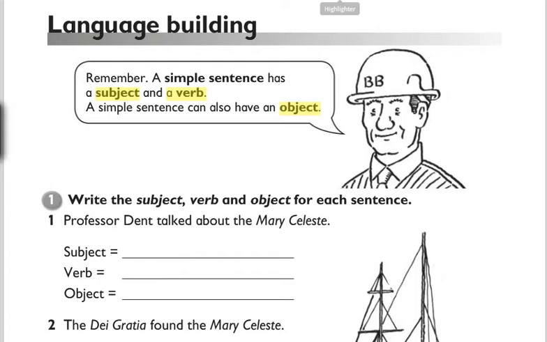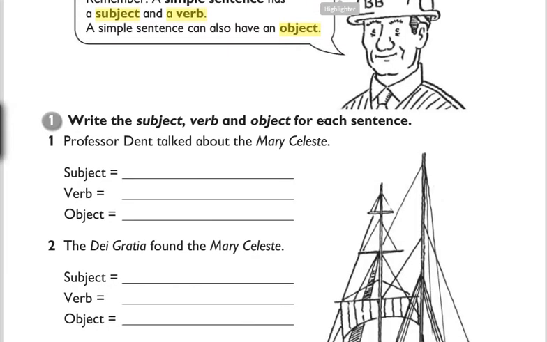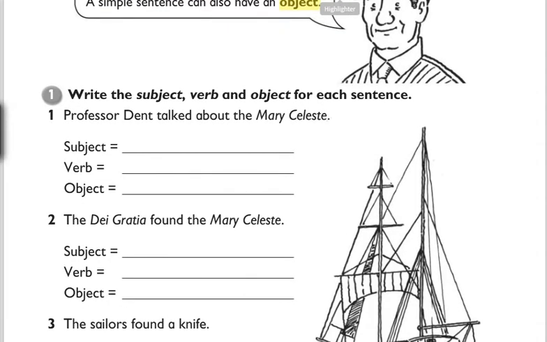Okay, so let's write the subject, verb, and the object of each sentence. 1, Professor Dent talked about the Mary Celeste. Subject is Professor Dent, verb is talked, and the object is the Mary Celeste.